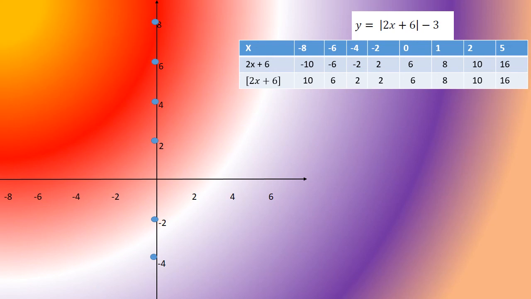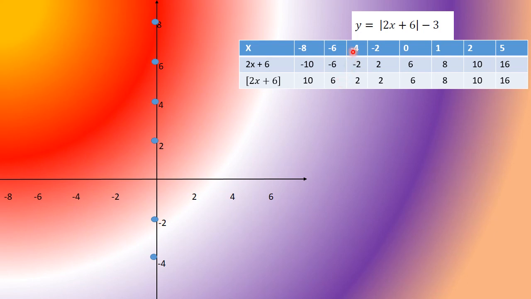And now when you substitute minus 8 into this 2x plus 6, your output is minus 10. Thereafter, you take the modulus of it, which is 10. You substitute minus 6 into the equation, which is 2 times minus 6, it's minus 12, plus 6, it's minus 6 again. You take the modulus of it, which becomes plus 6.